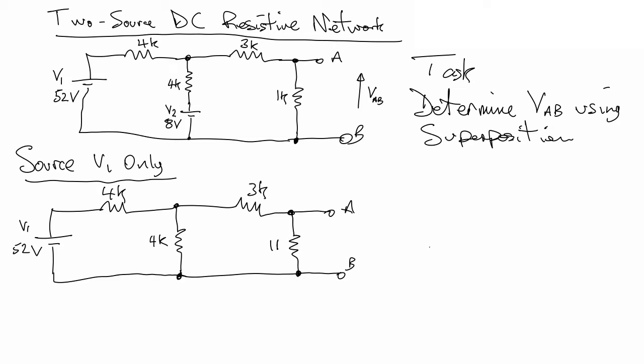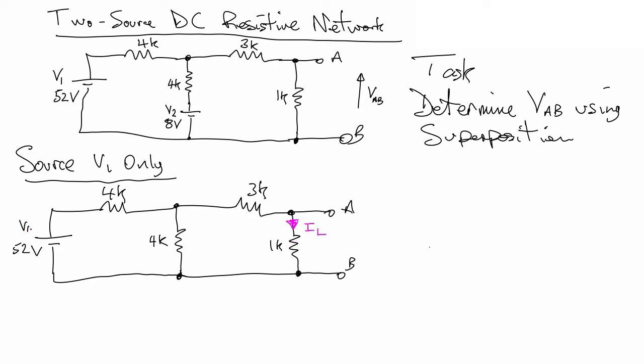which is 1K. What we'd like to be able to do is to determine this current here, IL. Okay, we consider this 1K resistor as a load resistor, but this is only a current contributed by source V1.